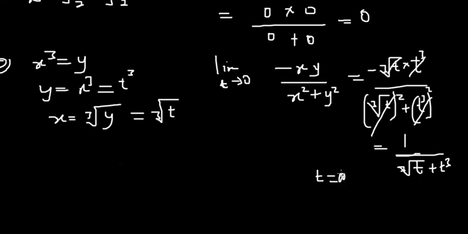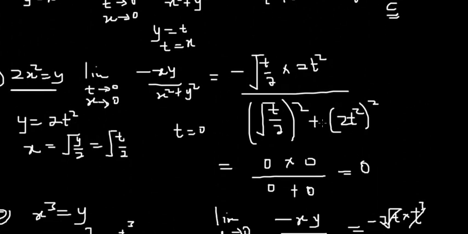The trick over here is that you could either substitute your t equals 0 so that you end up with your answer straightforward, or you could decide to break the expression down just like I just did over here. So you could have done the same thing over here: cancel this, you end up with 1 over here, and then cancel that, remaining 1 over here, so that you end up with 1 over root of t on 2, plus 2t squared, and then still you end up with 1 over 0.